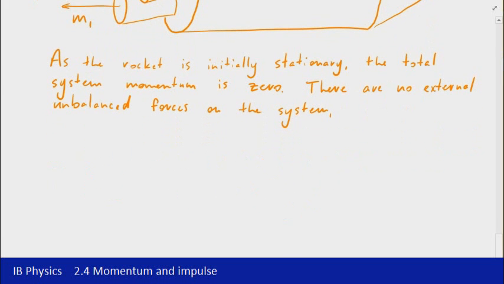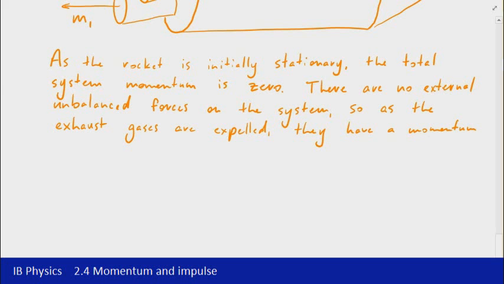So that means as the exhaust gases are expelled, they will have a momentum of the mass of the gas that's expelled multiplied by the velocity, m1 v1. Let me write the full equation here.